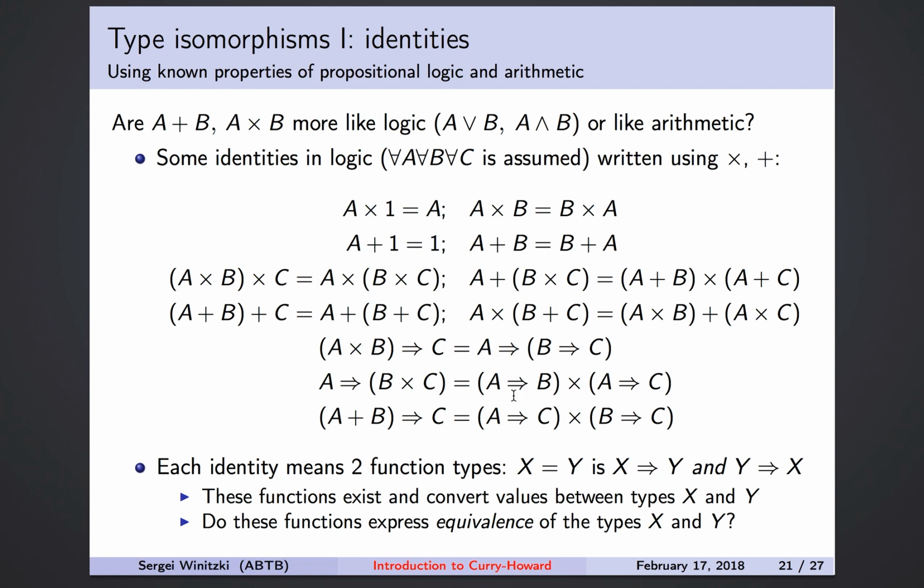These are some identities, from simple ones, obvious ones, to less obvious identities like these. The equals sign here stands for implication in both directions. So both this implies that and vice versa.